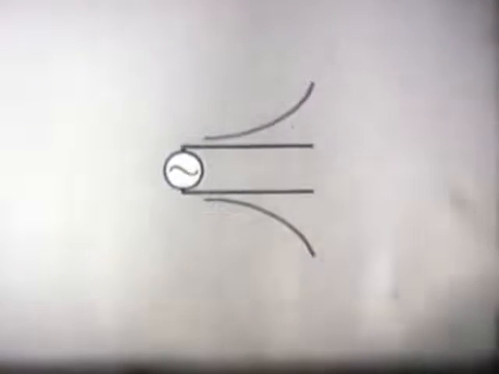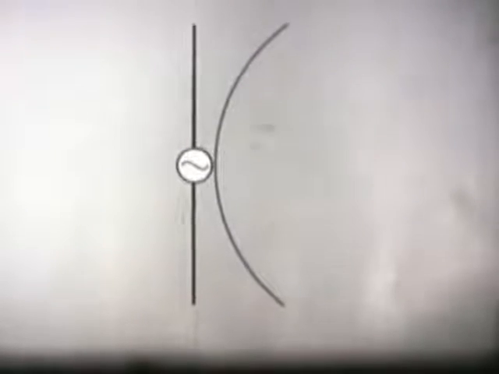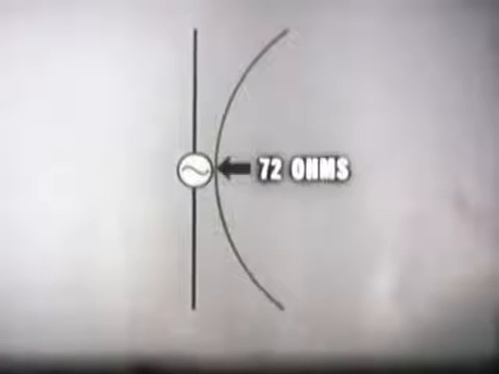Watch what happens to the impedance curve when we make a half wave antenna out of this line. The general shape of the curve is the same. Impedance is still maximum at the ends of the line and minimum at the center. There is a given value in ohms for this point of minimum impedance, 72 ohms.